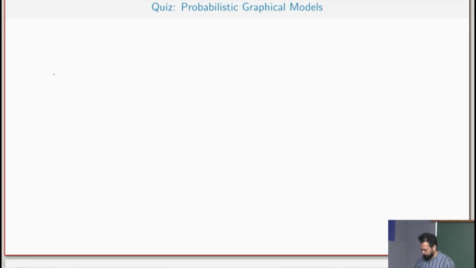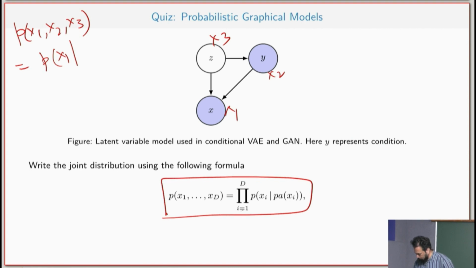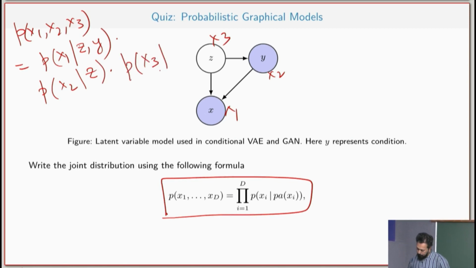So this is like the formula. P of x1, x2, x3 is, let us start with 1, 2, 3: P of x1 given parents of x1, and there seem to be two parents, z and y, times P of x2 given its parent, which is z, times P of x3, and x3 has no parents.